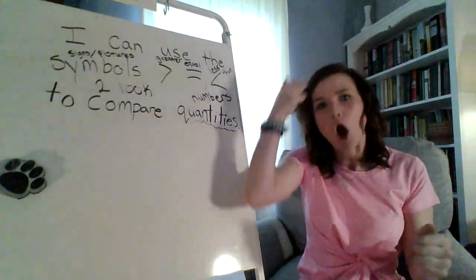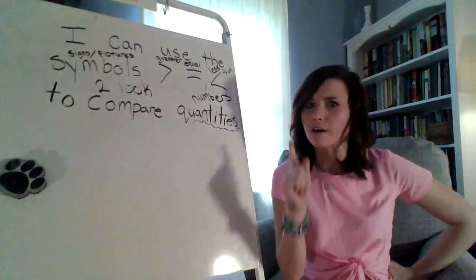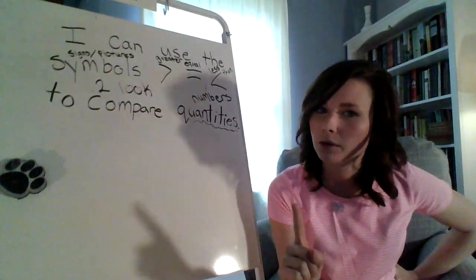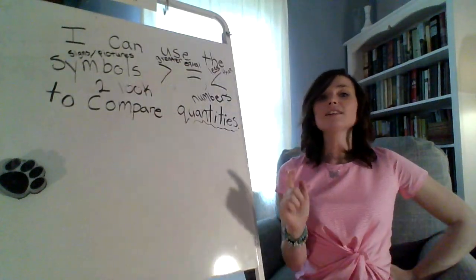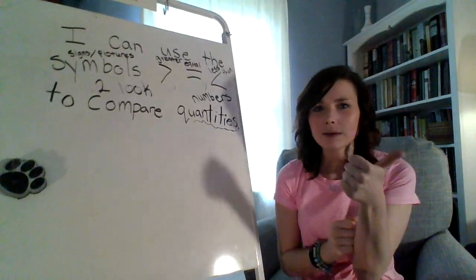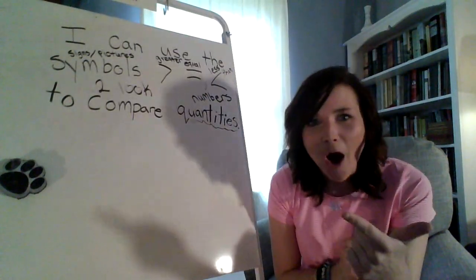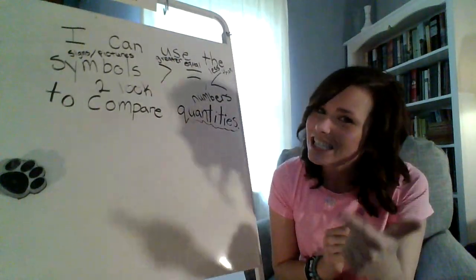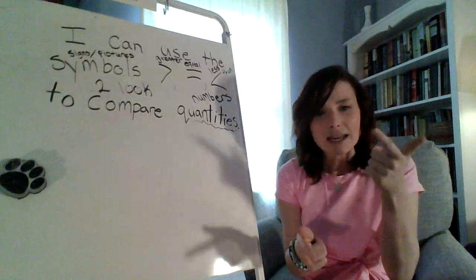Nice job. All right. What are the steps in a math story? What's the first thing we need to do in a math story? First, we need to read. You're right. First, we need to read the story. Then what do we need to do? We need to draw the picture. And what is our last statement? Right.